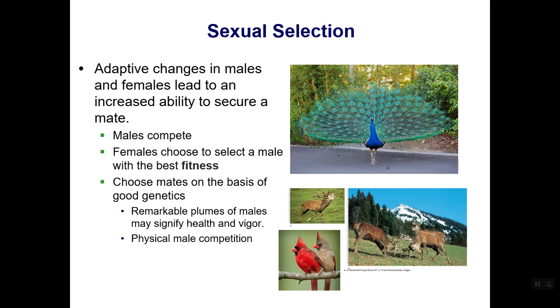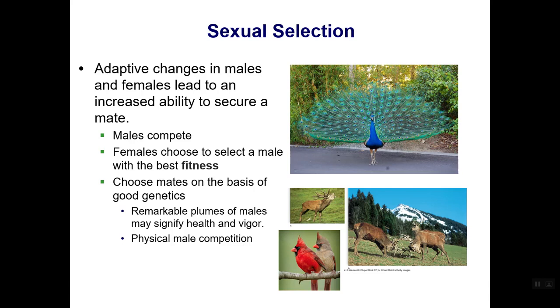And fit in the animal kingdom, when we're discussing sexual selection, can mean different things for different species. But all in all, no matter which species population we're talking about, the female will choose the one that they deem the most fit, quote unquote, to mate with. And fit can mean the biggest, or the most colorful, or the one that has the biggest antlers.